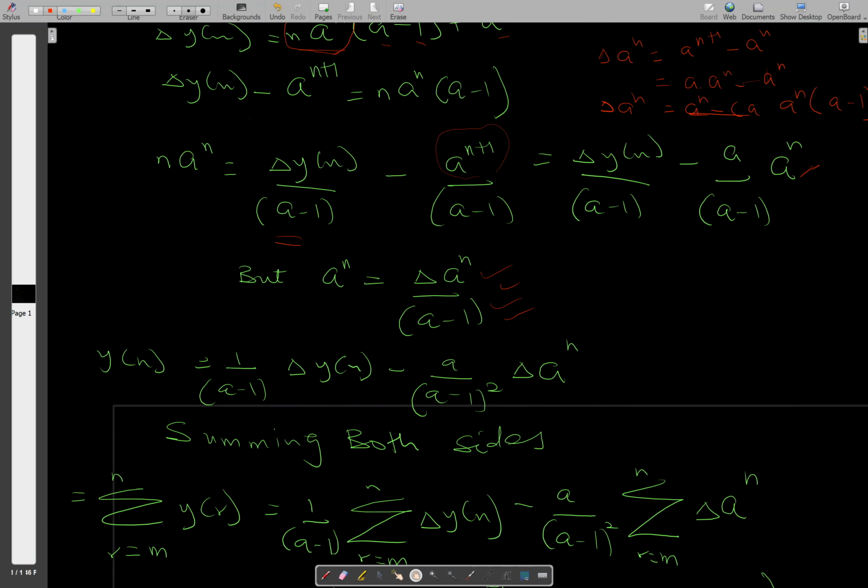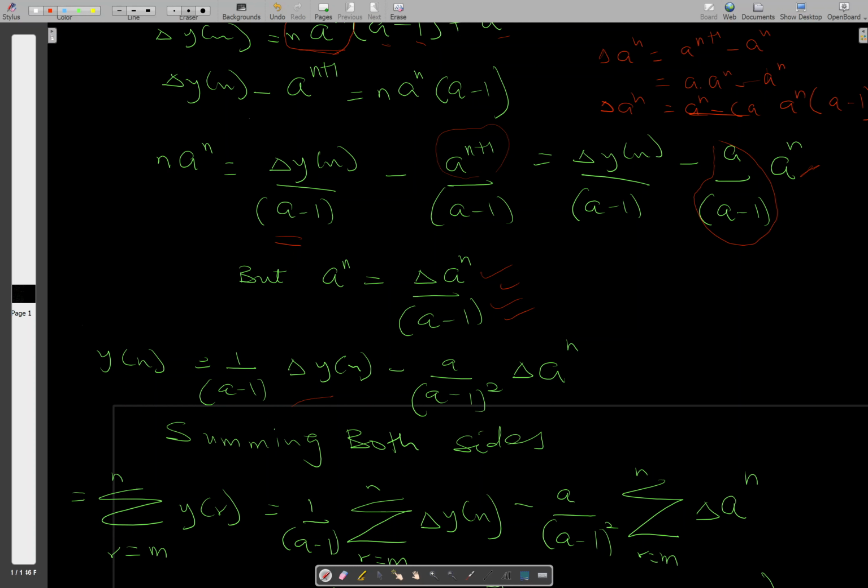When we do that, we obtain this is our first term, we have it here. Then let's pay attention to this term. Already we have a divided by a minus 1, and this a to the power n, which is delta a to the power n divided by a minus 1.